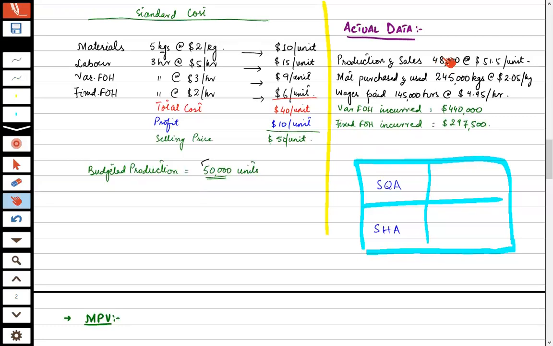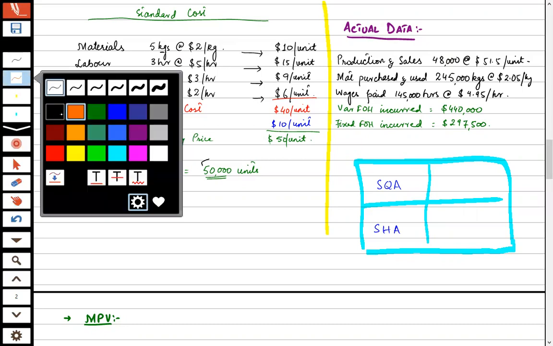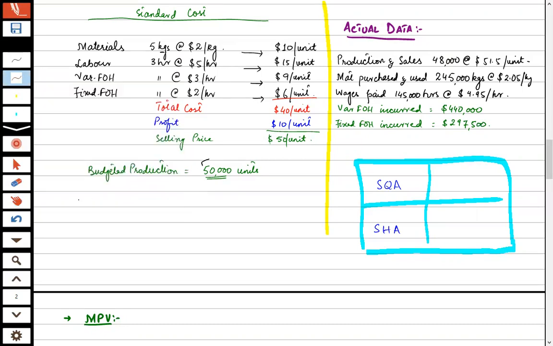Now what happens? See, if for producing one unit we require 5 kgs as the standard, then if we had produced 50,000 units, we would have required 50,000 into 5, that is 250,000 kgs. But actually we have produced 48,000 units.